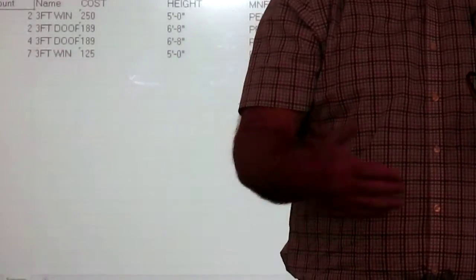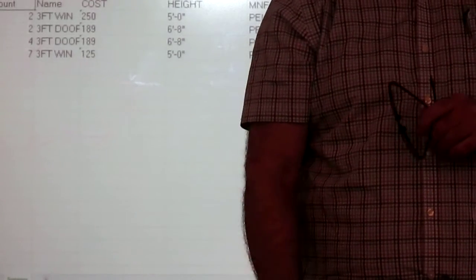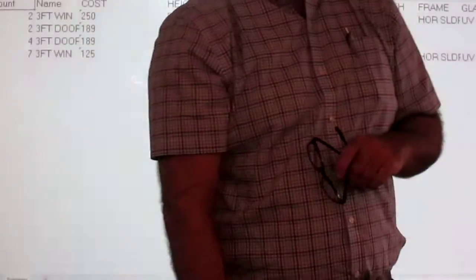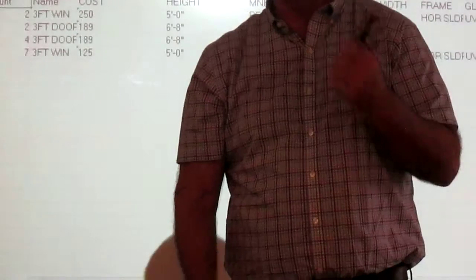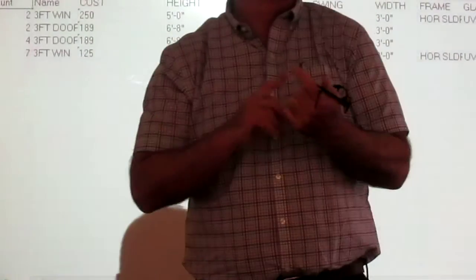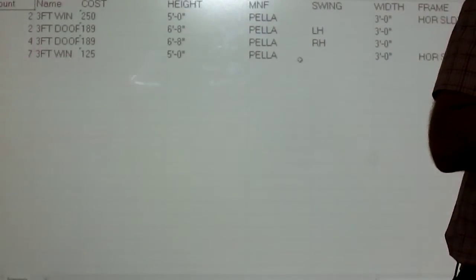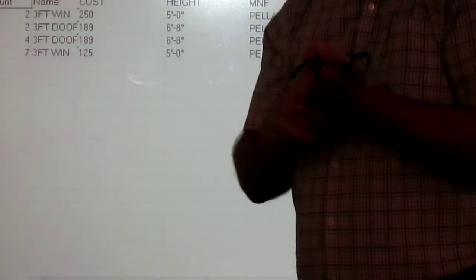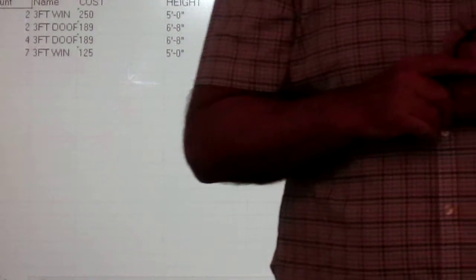You might have to change some from a casement to a horizontal slider, or whatever the case might be. Use the same fields that we used today for windows: manufacturer, width, height, frame, glass, cost. When you've got that, print out an Excel file of it, turn it in, and you've got that assignment done.